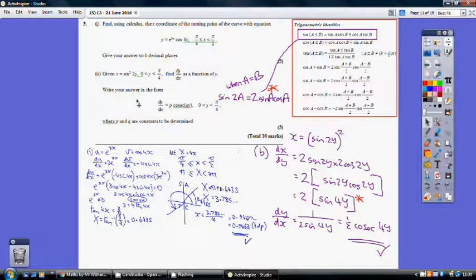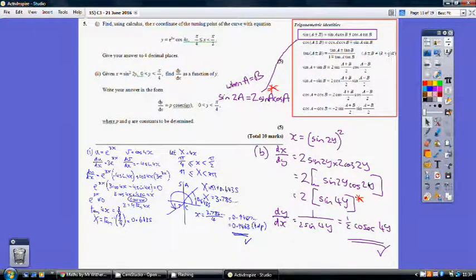Now for part 2, we've got x equaling sin squared 2y, which of course is sin 2y all squared. So if we differentiate this, dx/dy equals 2 times sin 2y times the differential of the bracket, which is 2 cos 2y. And then factorising that, taking out the 2, we have 2 lots of sin 2y cos 2y.